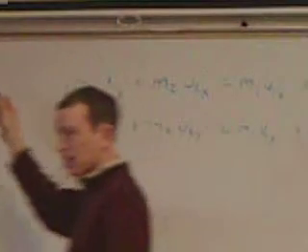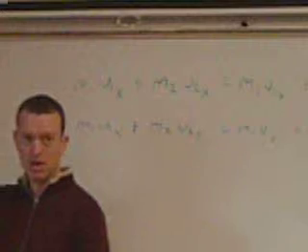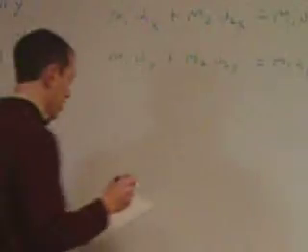Yes. We can use kinetic energy. This is an elastic collision, which means that kinetic energy is conserved. So yes, indeed, we can use kinetic energy to add another constraint on this. And that's what we're going to do. So we're going to take the kinetic energy beforehand.